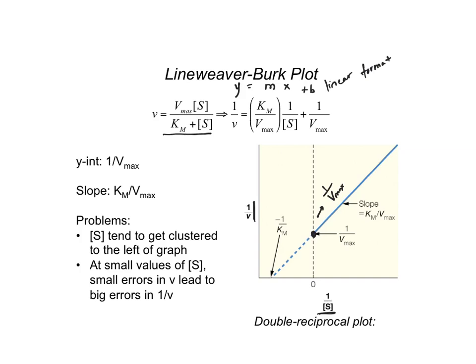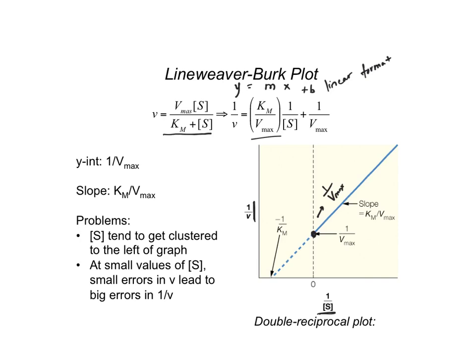The slope is equal to Km over Vmax. We're going to continue with the Lineweaver-Burk plot, even though it is not utilized all that frequently, because it's going to allow us to easily determine the types of inhibition we're seeing. We'll show you that in a second when we talk about various types of inhibitors.